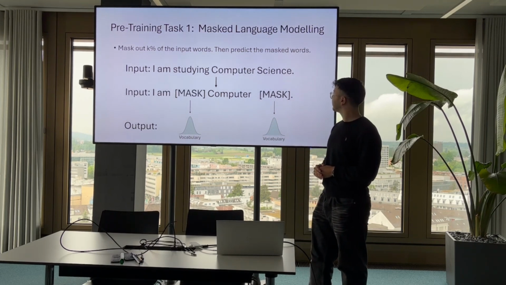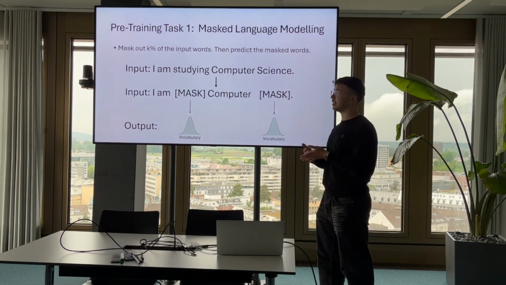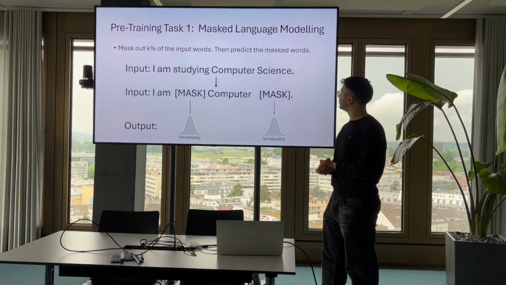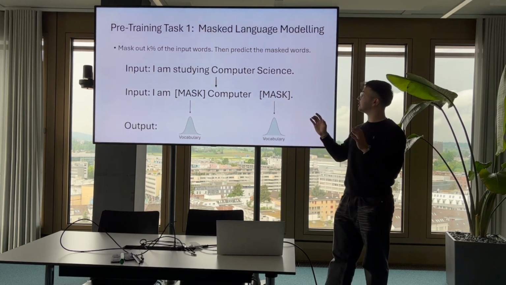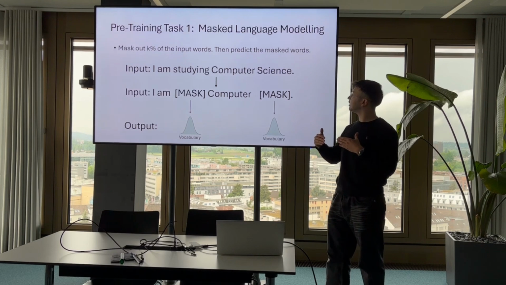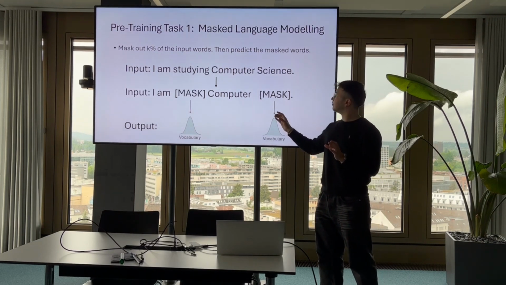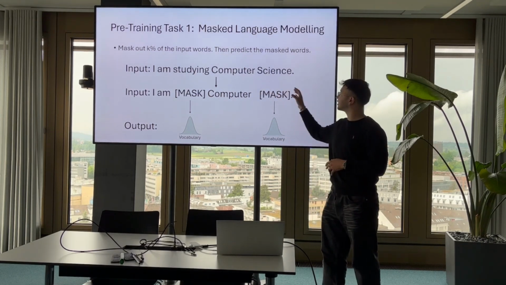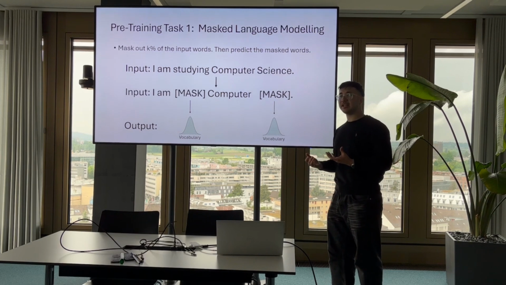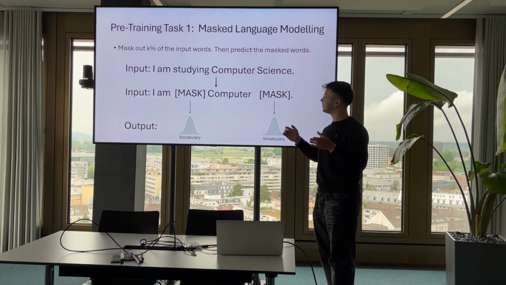Okay, so this is the first task, and this masking process is random, and this is the key concept of BERT, how it trains bidirectionality. Because with this, all the tokens can see each other, but when a word is masked, that doesn't help it. So it still needs to understand the language.